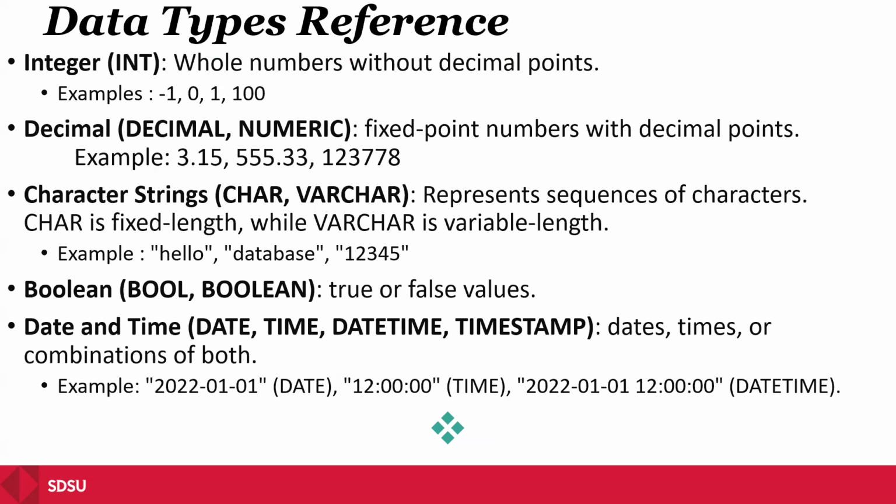So we have integers, those are whole numbers, can be negative, can be positive, can be zero. We have decimals, numbers that have decimal points. We have character strings that are just words or a combination of a set of characters.